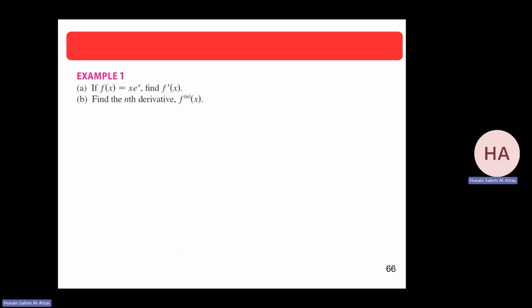Now, let me check this one, function x e to the power x. What will happen to the n-th derivative using the product rule? So I have f prime. It will be what? Derivative of the first, e^x plus x e^x. If you notice, this is 1 plus x, e^x.